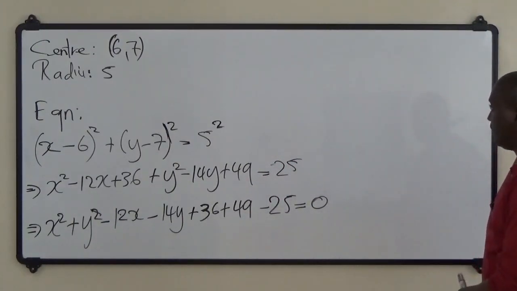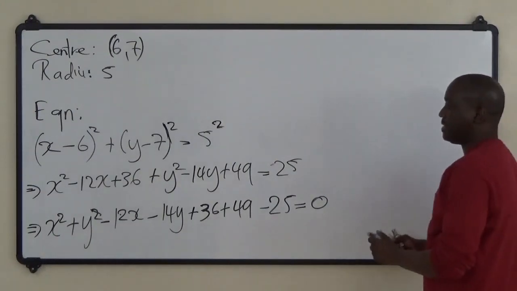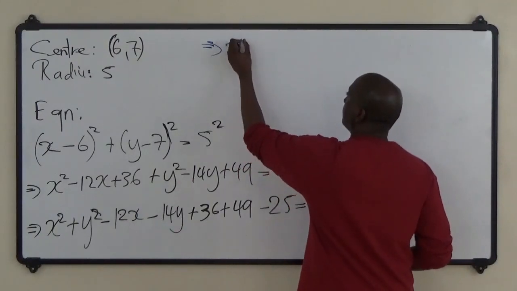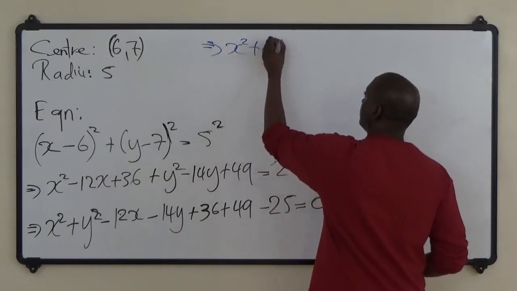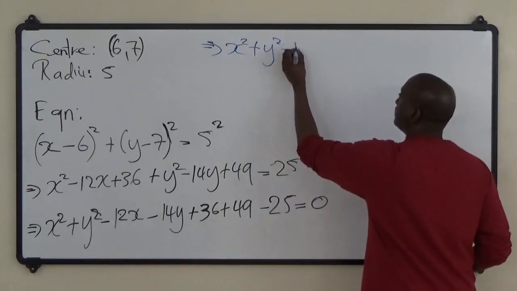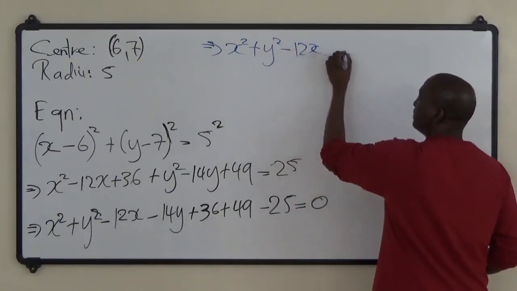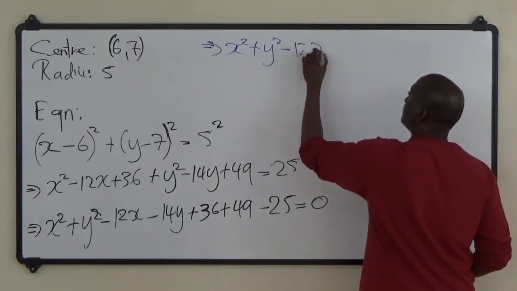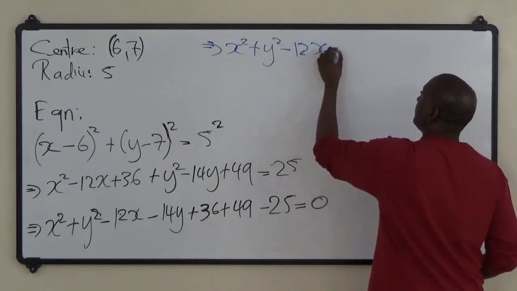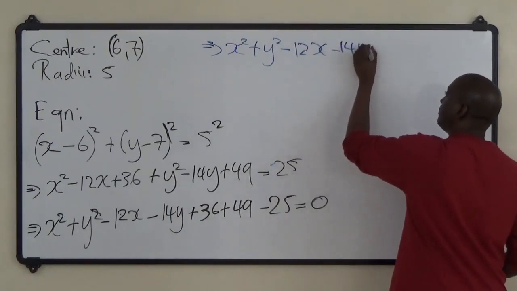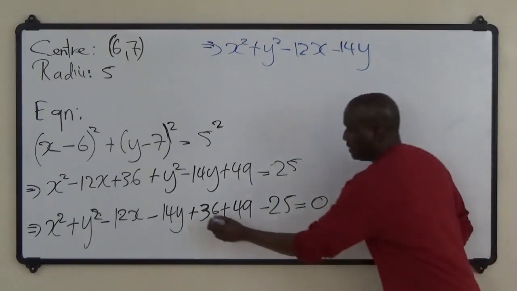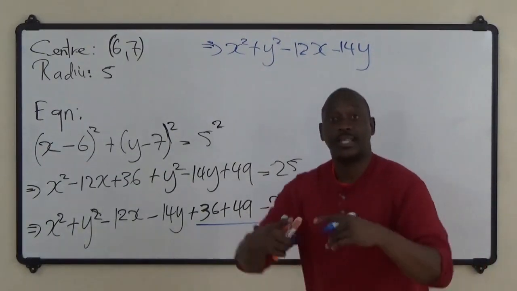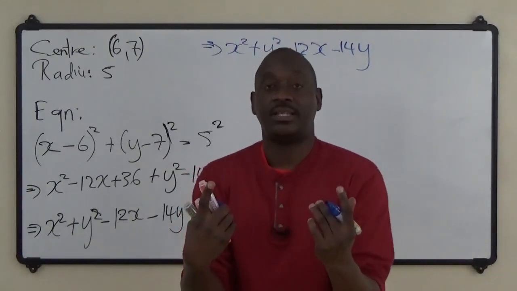You will get that the equation would now be what? x squared plus y squared minus 12x minus 14y. We could add all of this and get one number, one constant, the big K that we would have mentioned in the previous video.